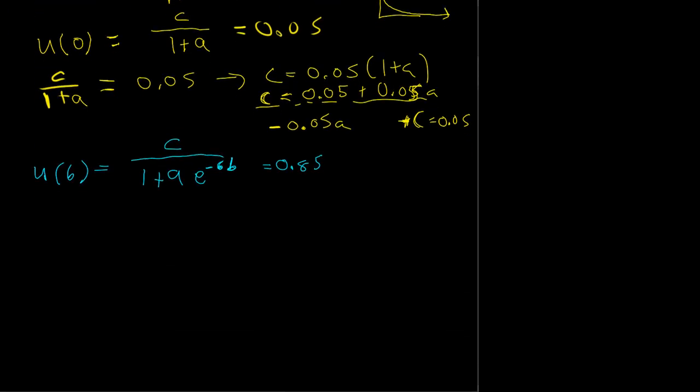Scroll down. So again, I'm going to cross multiply. I'm going to get C is equal to, I'm going to multiply this through as I go, 0.85 plus 0.85A times e to the negative 6b.